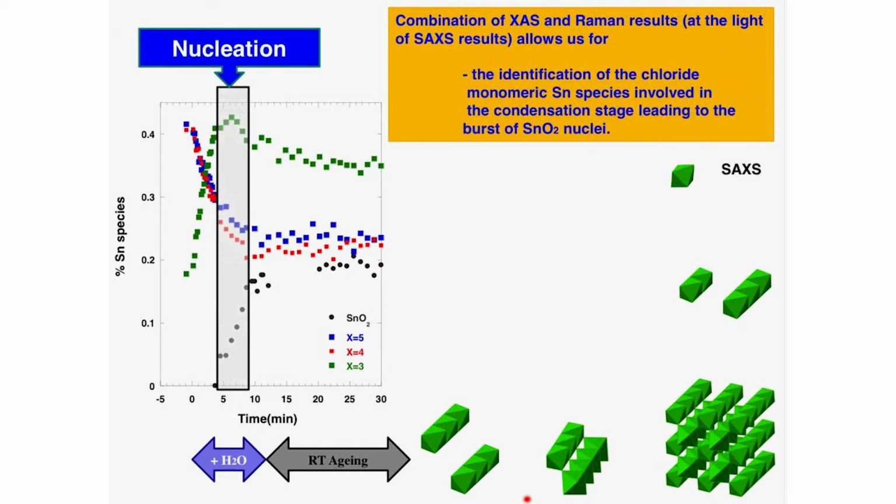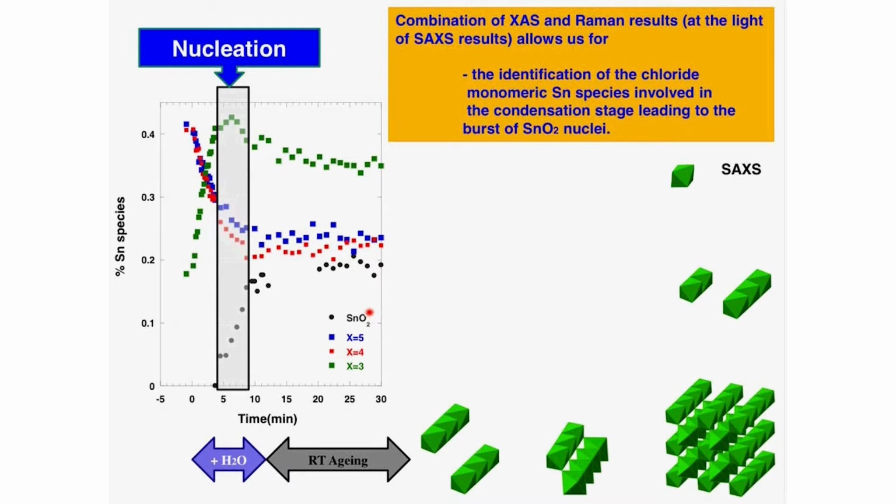So now, let me combine all the results gained by Raman spectroscopy here with the colored samples and with X-ray absorption spectroscopy gained with the linear combination of the EXAFS signal for the tin oxide nanoparticles.